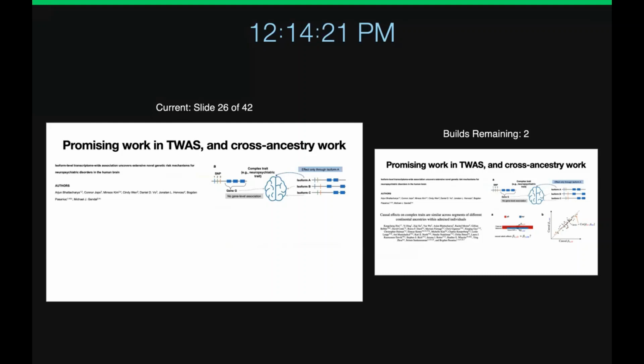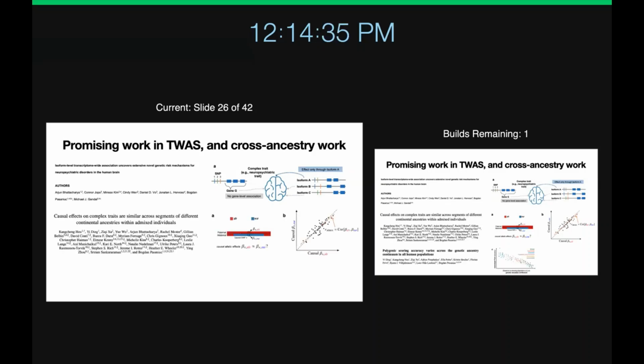This is ongoing work, and the student, now postdoc, Arjun Bhattacharya, had done this analysis. He's now been working on going to a higher level of resolution, looking at gene isoforms instead of just total gene expression, and very interesting work comparing haplotypes, comparing across chromosomes within admixed populations.